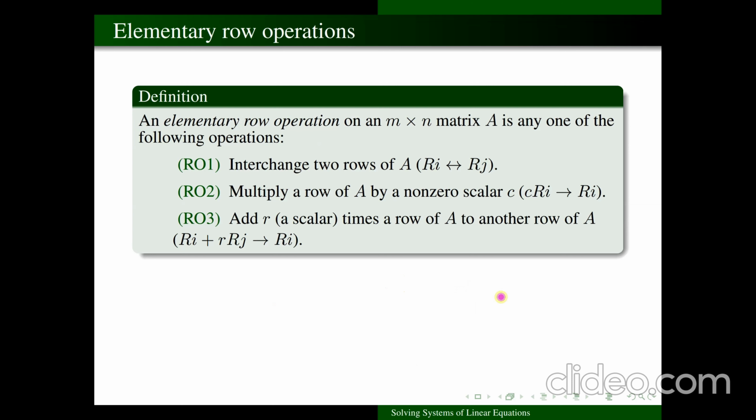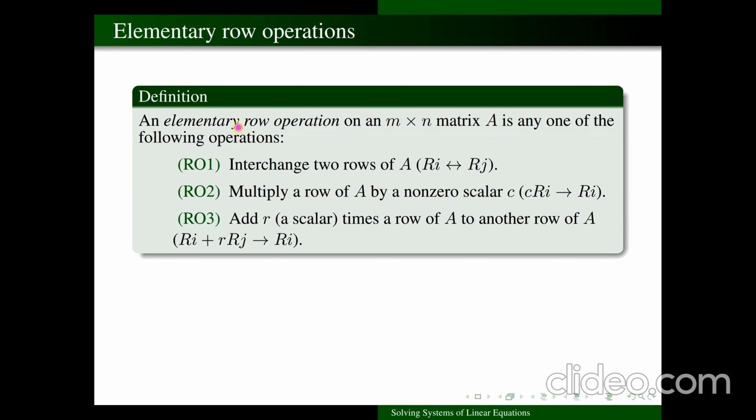By transforming a linear system to its augmented matrix, we can find the solution set by performing necessary row operations on the matrix. And what are these row operations? By an elementary row operation on a matrix of size m by n, we mean any of the following three operations: RO1, RO2, and RO3.